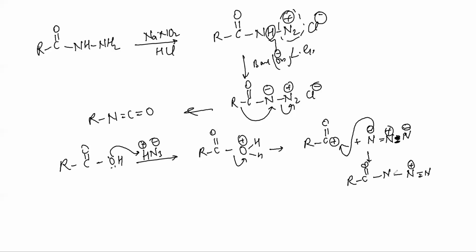All right, I hope it is clear. Now I hope you understand, here you again have a leaving group. So the leaving group departs. Again, azide migration gives R N double bond C double bond O. Again, you will get the same.